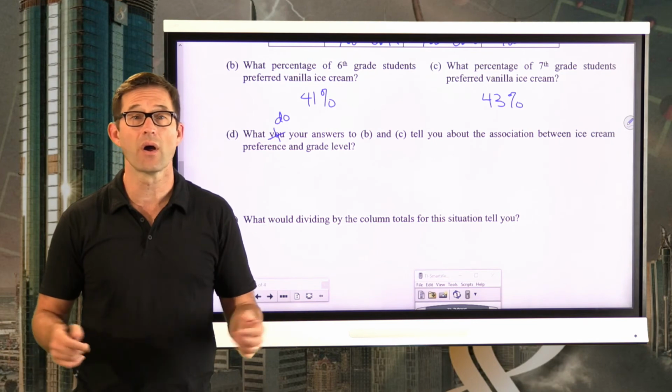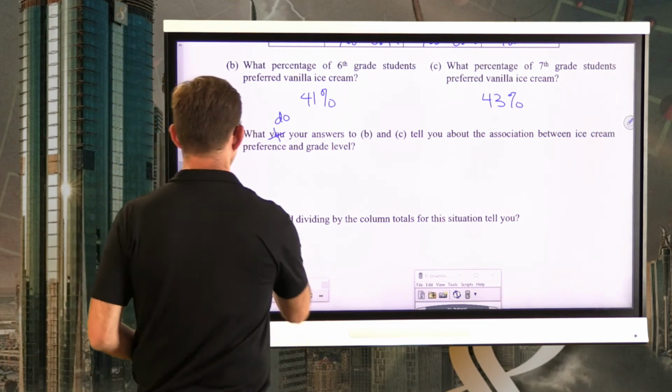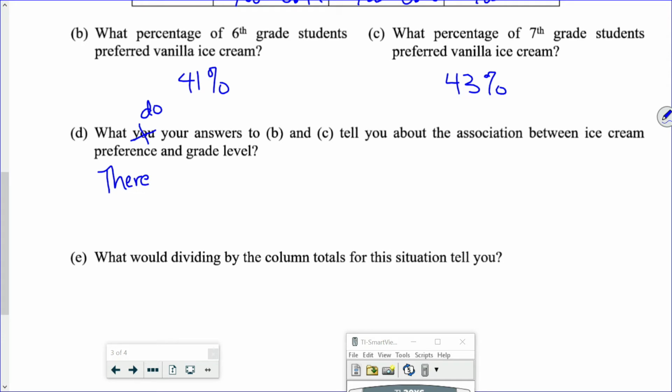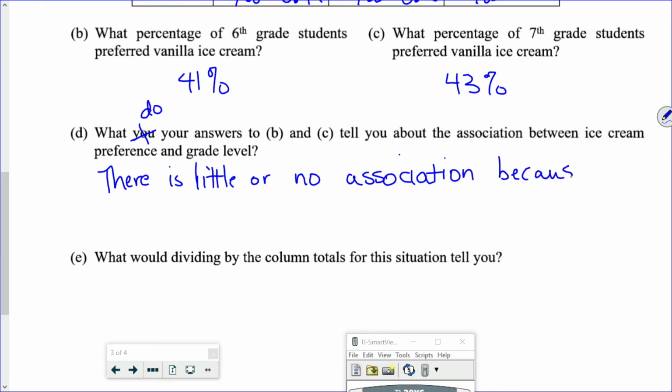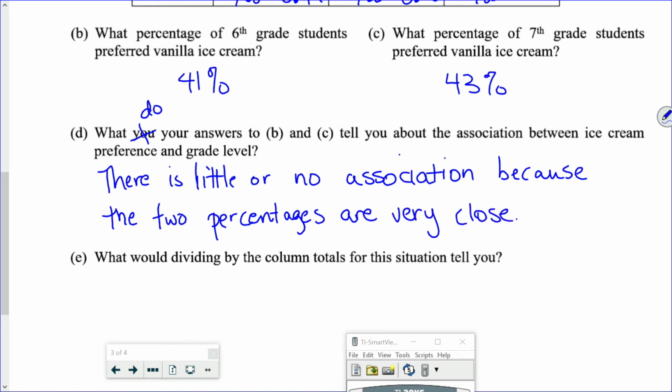You don't want to say there's a strong association, but I would say there is little or no association because the two percentages are very close, right?